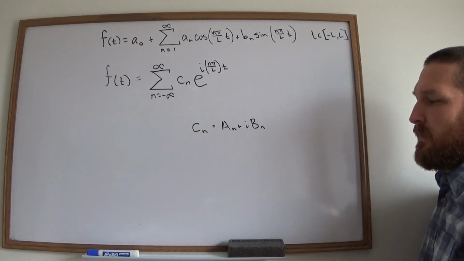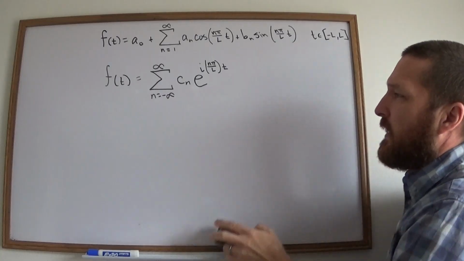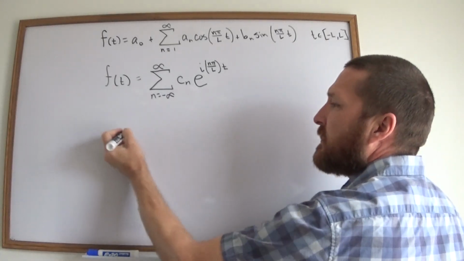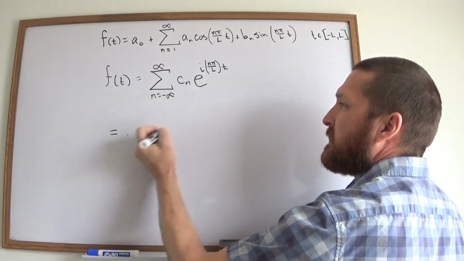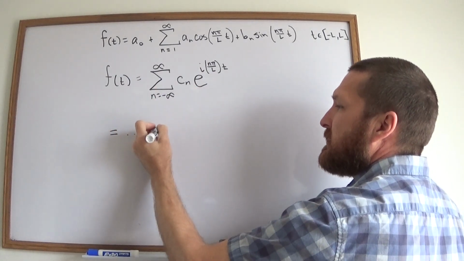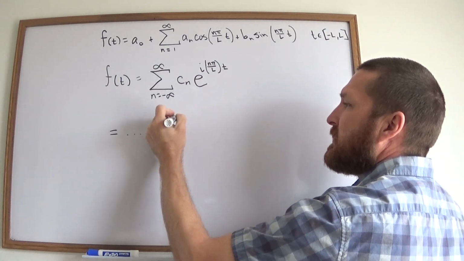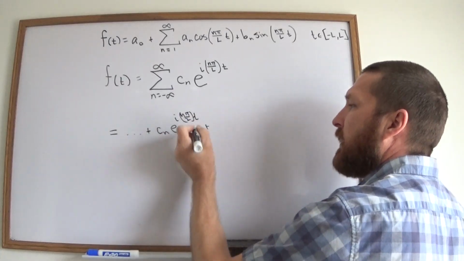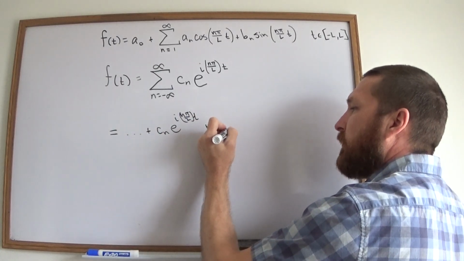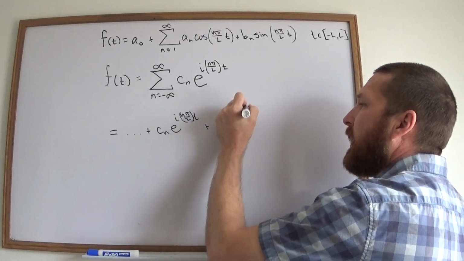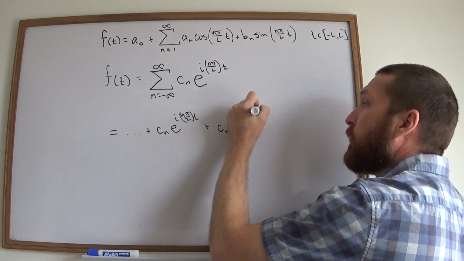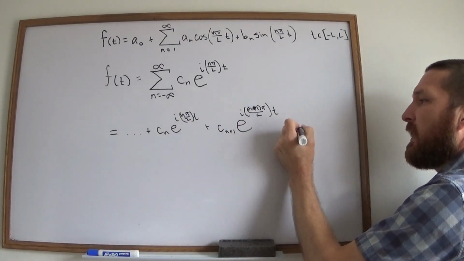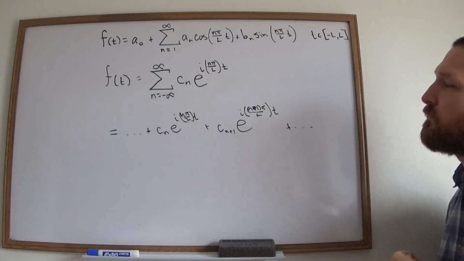And if we write this out real quick, let's expand this and think, okay, we have infinitely many things, and then we get to, let's say, the c_n-th one, and then we have e to the i n pi over L t plus c_(n+1) e to the i (n+1) pi over L times t, and so on and so forth.